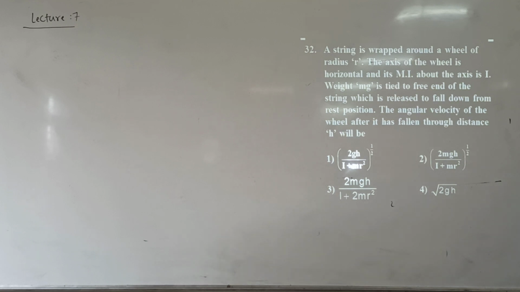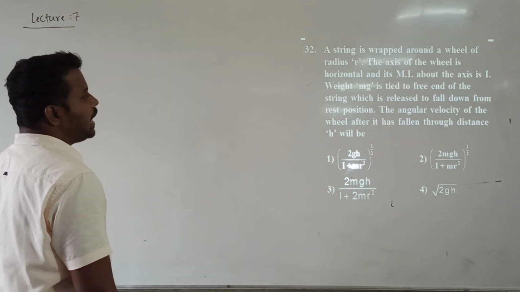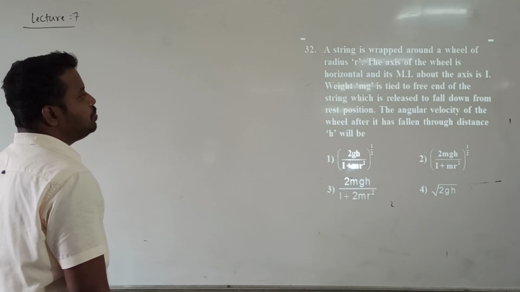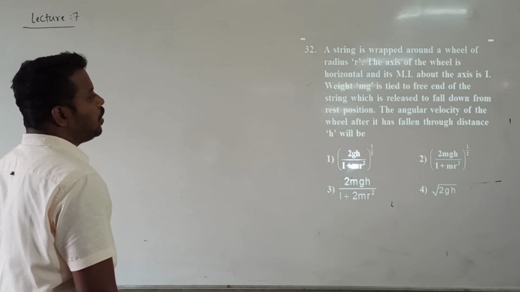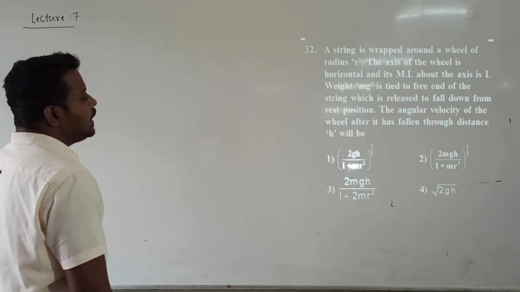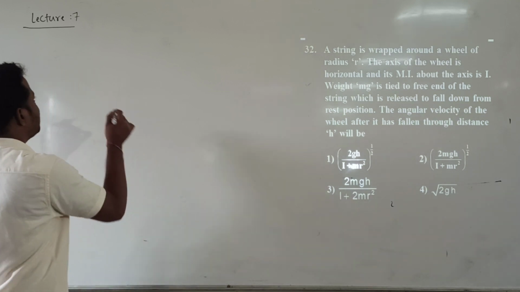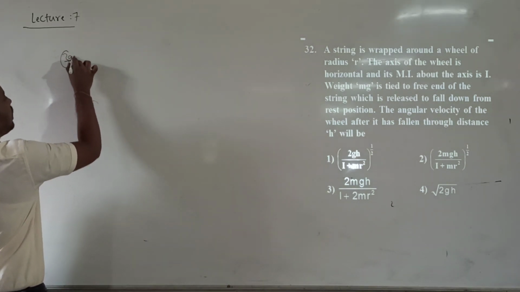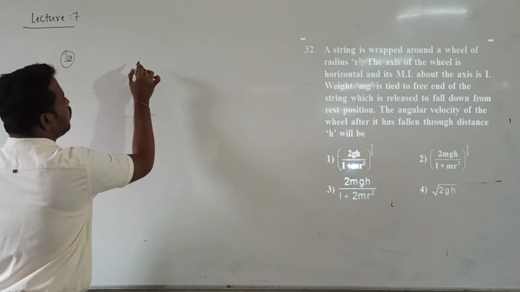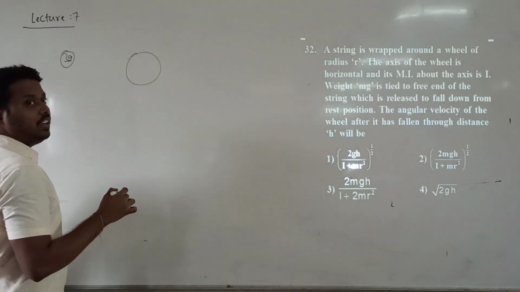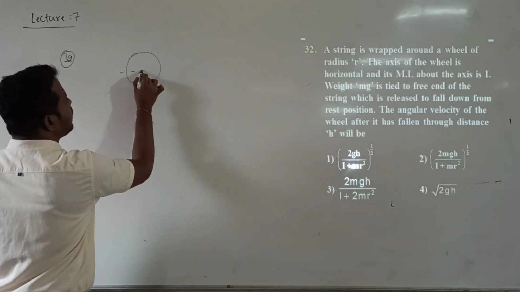The axis of the wheel is horizontal, and its moment of inertia about its axis is I. The weight mg is tied to the free end of the string and is released to fall from the rest position. Find the angular velocity of the wheel after it has fallen through a distance h. What they have given is one wheel, its radius, and the axis of the wheel as horizontal.